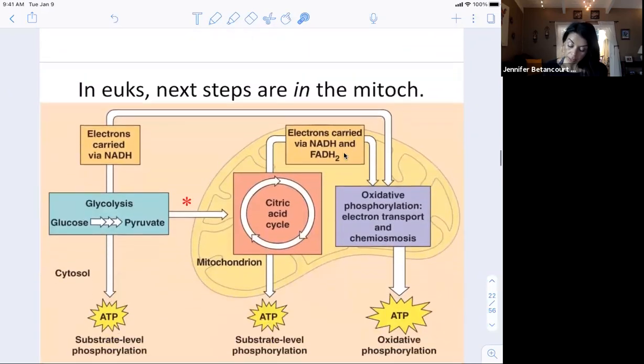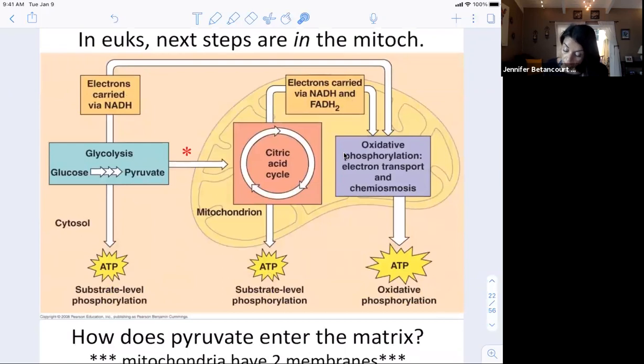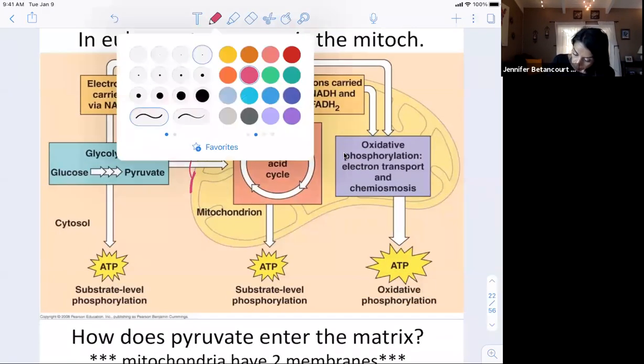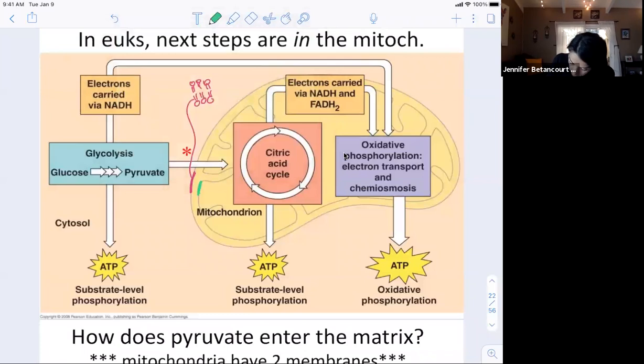Take that in 1 second. So here's your pyruvate. Has to cross your outer membrane. So if we zoomed in, it would look like this. And then your inner membrane. This would also look like that. Your phospholipid bilayer.